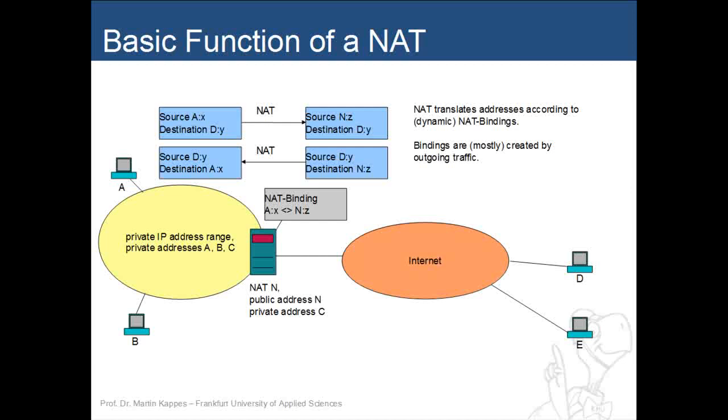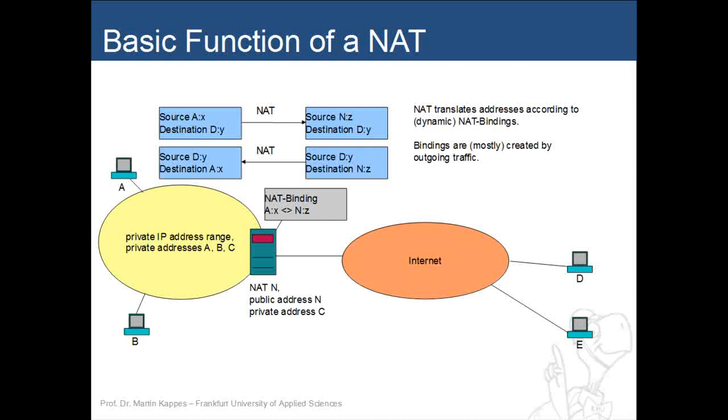But since they are not assigned to any network particularly, it's again impossible to route those through the public network. So if a machine with a private IP wants to use services in the internet, then this must be realized by some form of converting the private address into a public address.